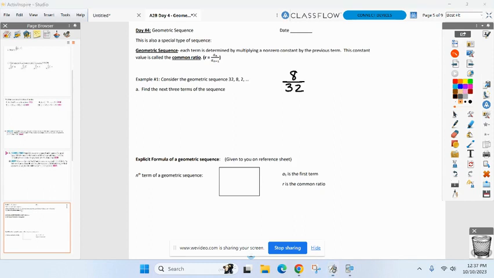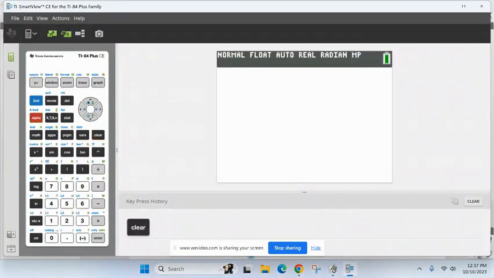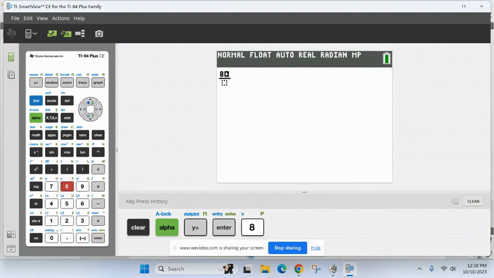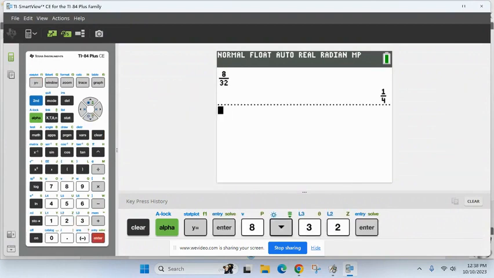If I go to my calculator, it reduces for you 8 over 32. I'm now multiplying by 1/4. So please use that today if you are unsure what we're multiplying by. Take any term and divide it by the previous.